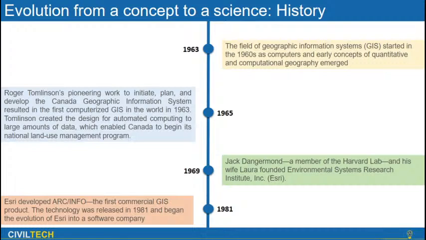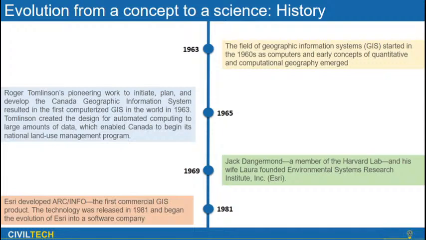And later in the year 1969, a person, Jack Dangermond, who is from Harvard, started an institute called the Environmental Systems Research Institute, and later it was commercialized in the year 1981. The software we have been using these days, ArcGIS, is the output of ESRI, right?